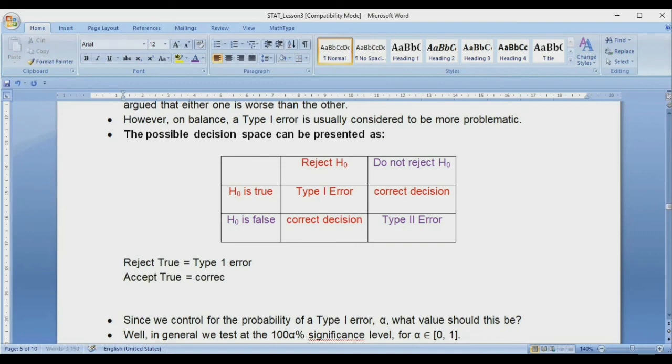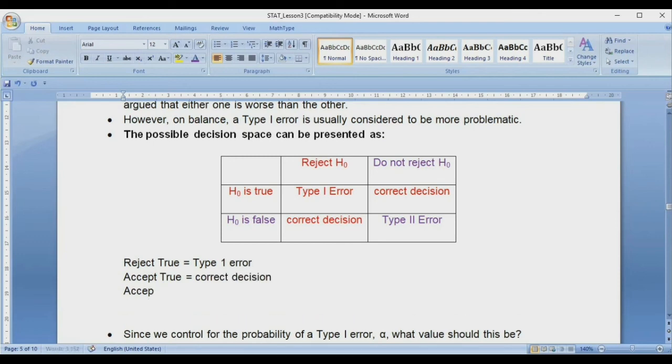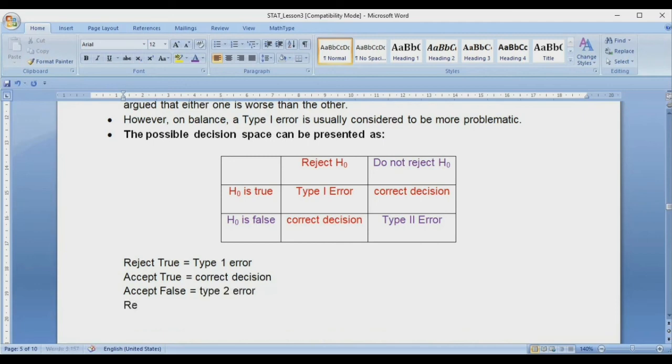Correct decision. What if you accept false? In-accept mo, alam mo namang false. Type 2 error. How about reject false? Alam mong mali, ni-reject mo. Ano na-commit mo? Correct decision. Don't forget this 3. Very important, as in.